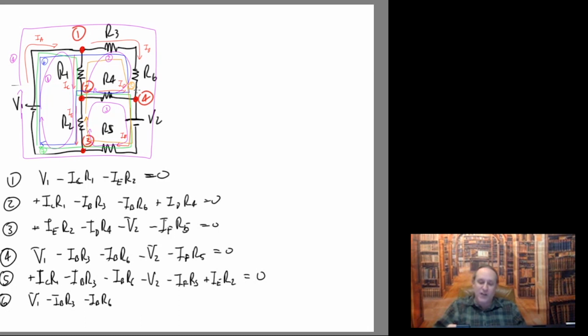But then the blue line cuts to the left as it goes across R4, so it's going to go against the current. So we get a plus ID R4. And then we go with the current again as we go across R2, so a minus IE R2. And that's the end of that loop.